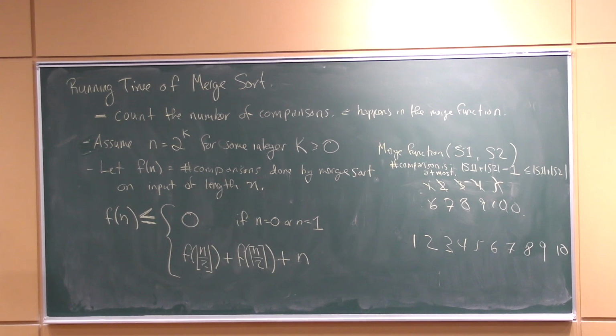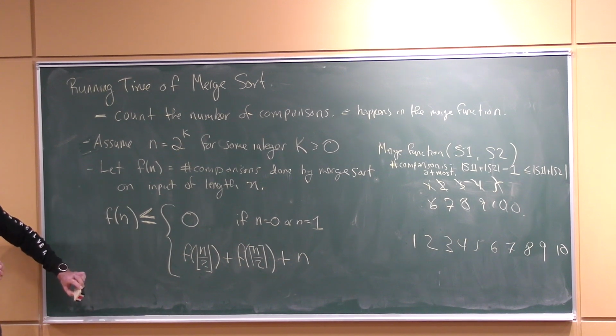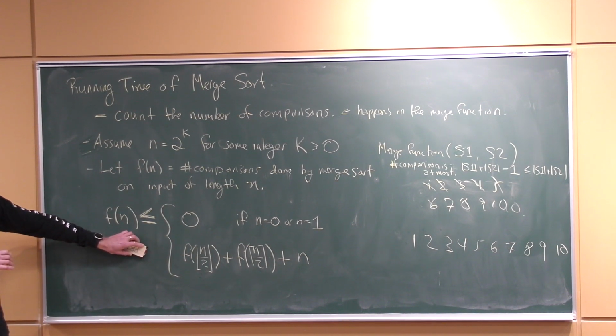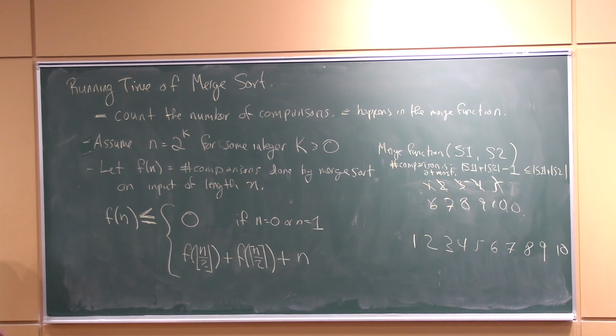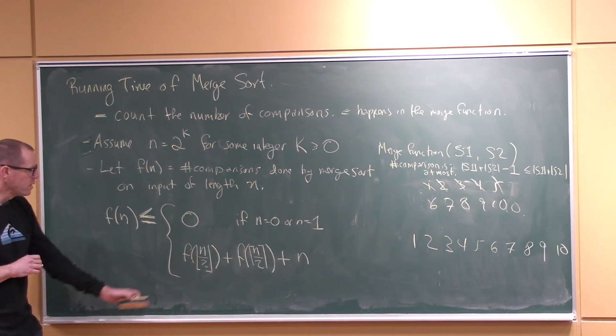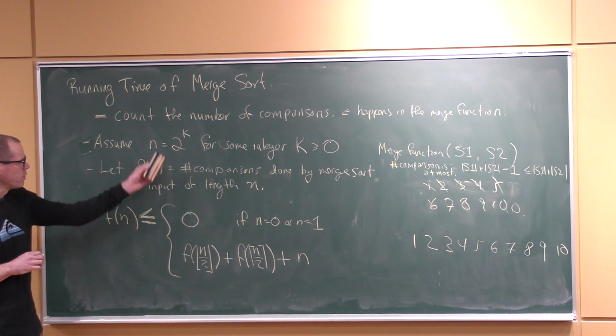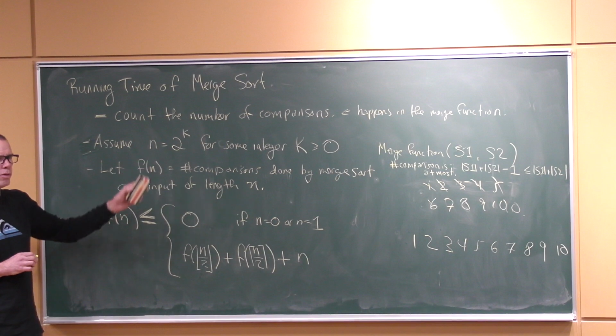Okay? Is that clear? So far this is all honest to goodness, no hiding anything here. The only thing that I'm going to gloss over is these floors and ceilings. And we'll get to gloss over those because we're going to assume n is a power of 2.